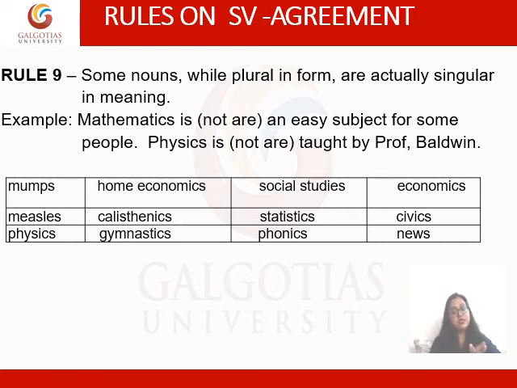These subjects are usually plural in form, but they are actually singular in meaning. For example, mathematics is an easy subject for some people. So with mathematics, we'll not use are. In the same way, physics is taught by Professor Baldwin, so physics again is not are. We have to keep this rule in mind and be very careful with the usage of such nouns.